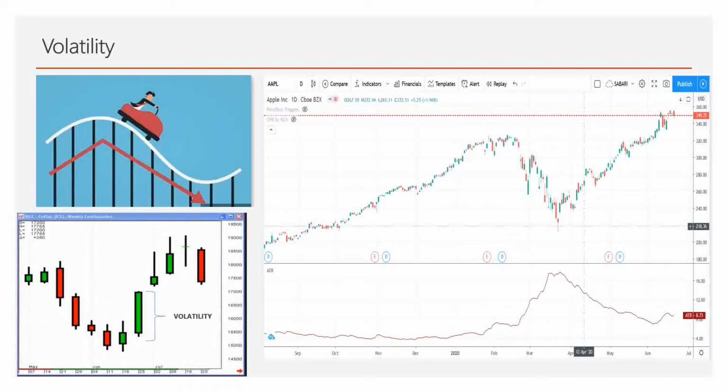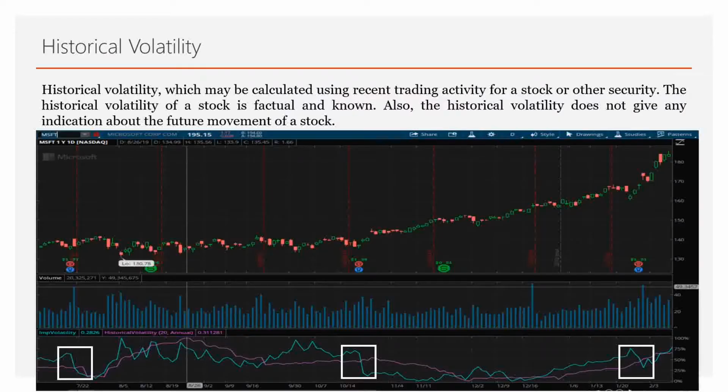Now we go to historical volatility. Historical volatility has a specific formula for calculating. I'm not highlighting or explaining the formula. My objective is not to explain how to calculate historical volatility, because these days all the platforms are sophisticated and readily provide this historical volatility number, or implied volatility, or whatever the volatility is.